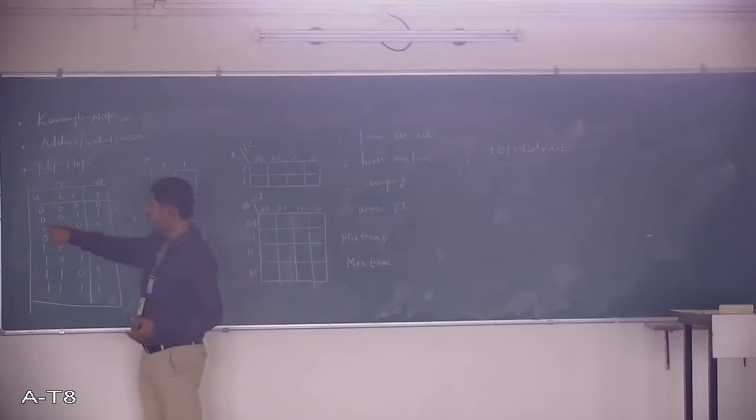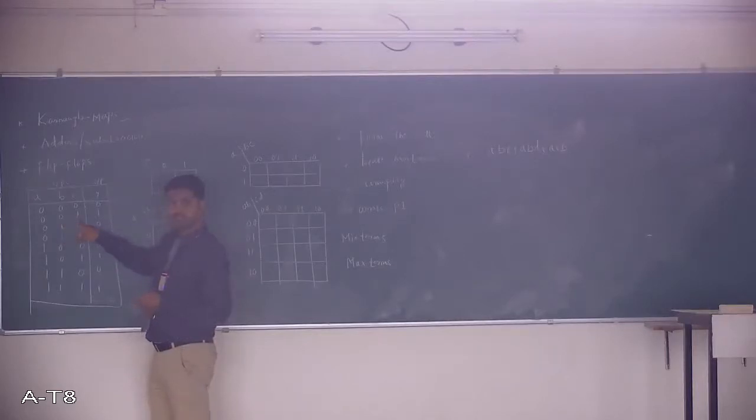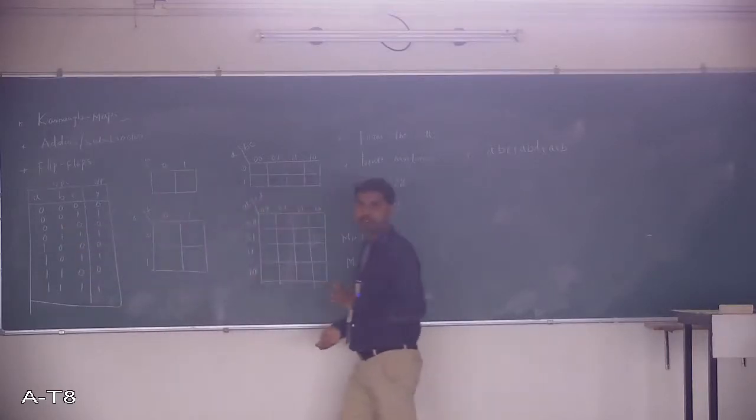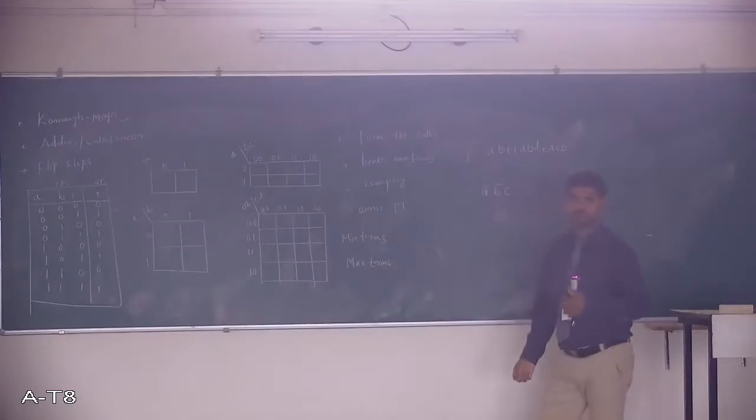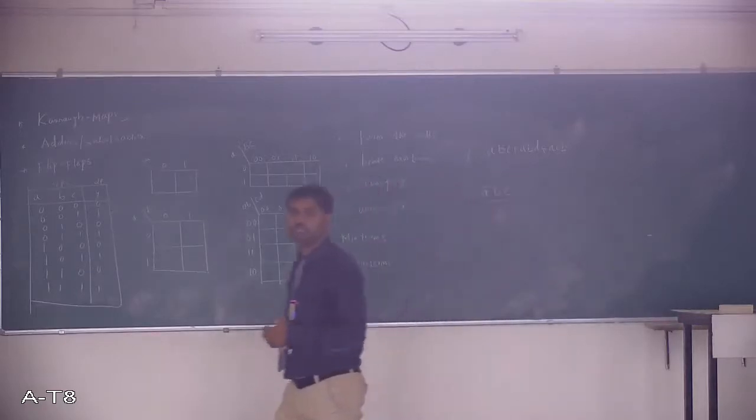If it is 0 means the variable is a bar. Again next, this is 0, so it is b bar. Since it is 1, you just write it as c. So the expression is a bar, b bar, c. This is min term.